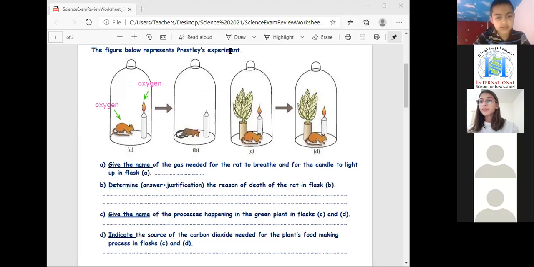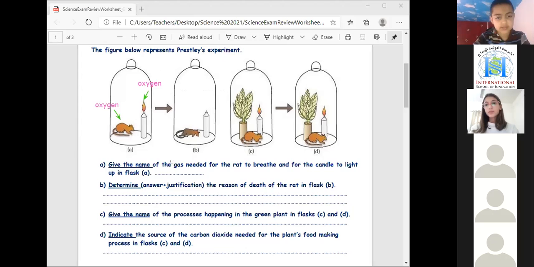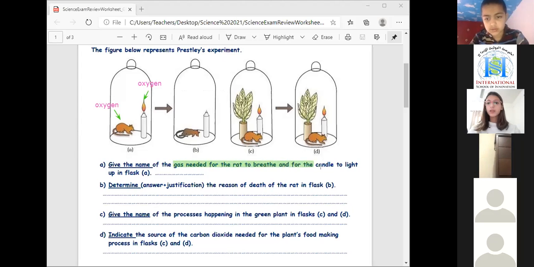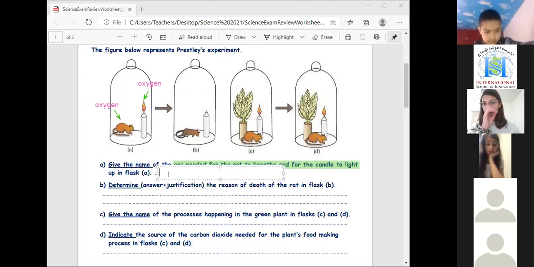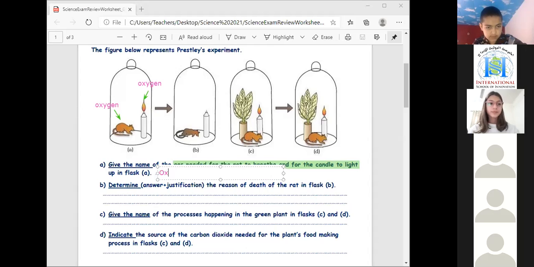The rat and the candle take in oxygen and release carbon dioxide. In part A, they are asking us about the gas needed for the rat to breathe and for the candle to light up. What will you write? Oxygen. Both the rat and the candle need oxygen to light up.